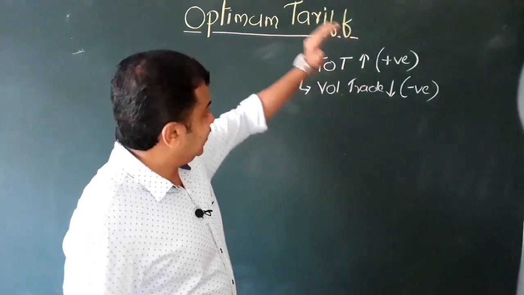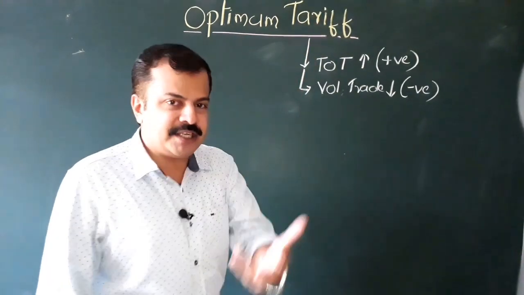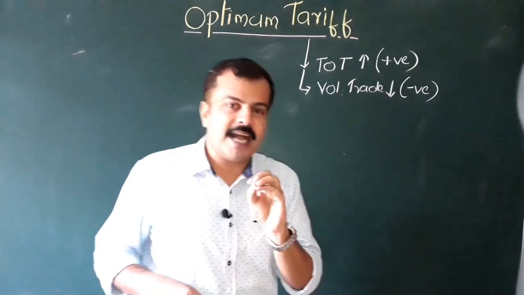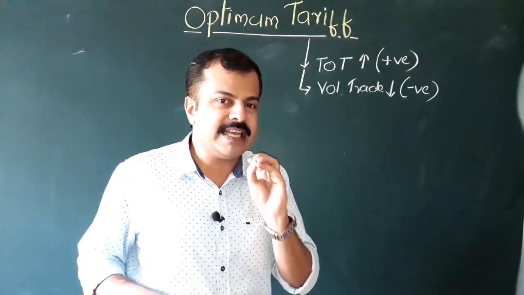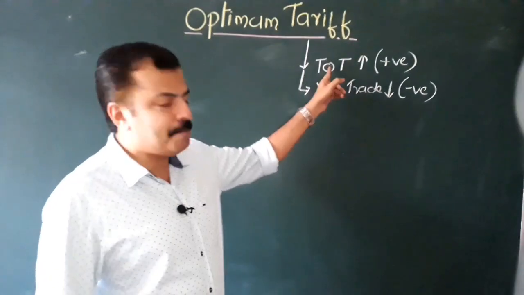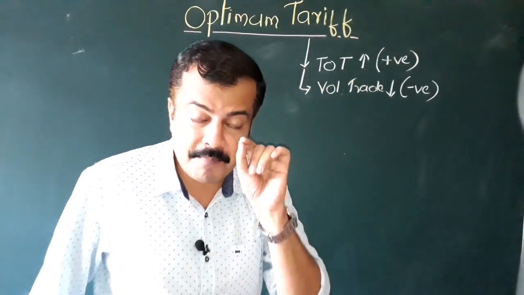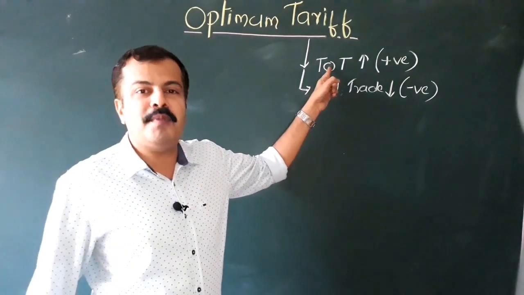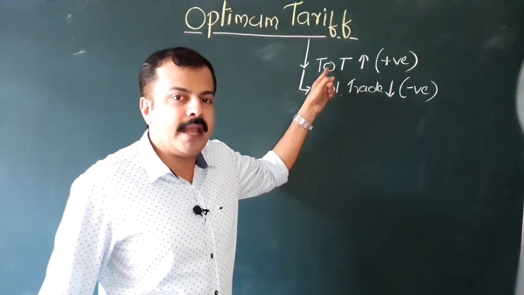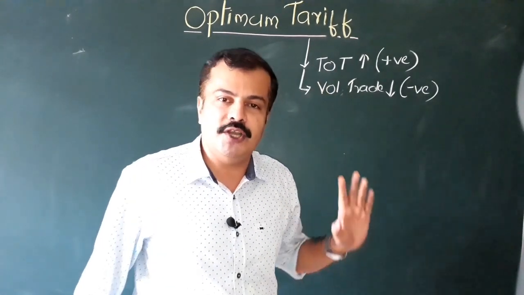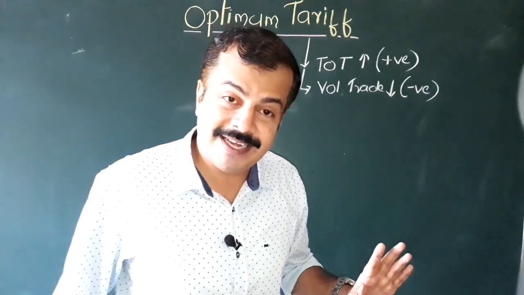So the effective tariff, or what we call the optimum tariff, explores the rate of tariff that maximizes the net benefit from the improvement in the terms of trade and the negative impact as a result of the reduction in the volume of trade. What was that?